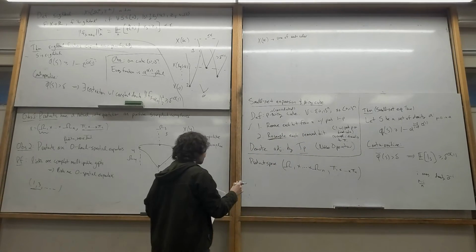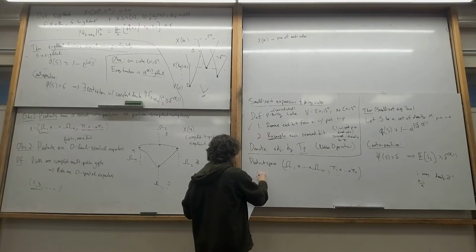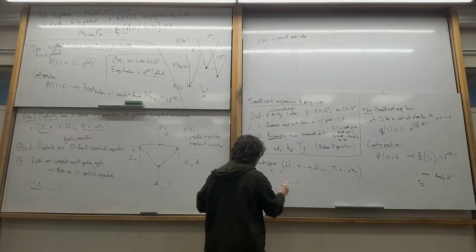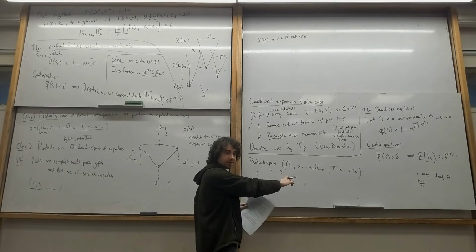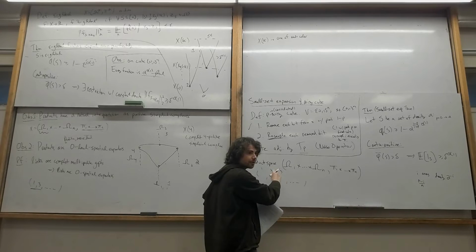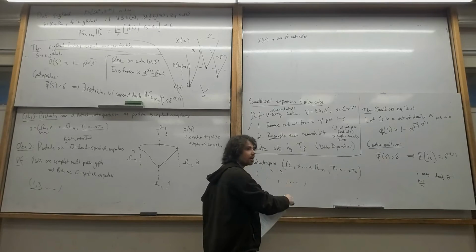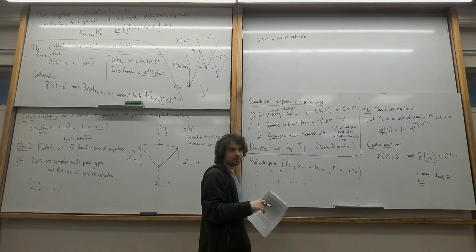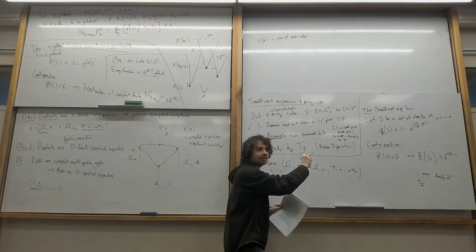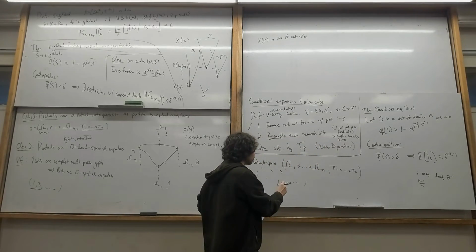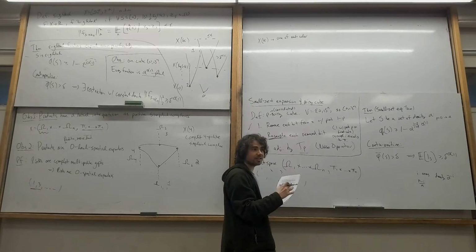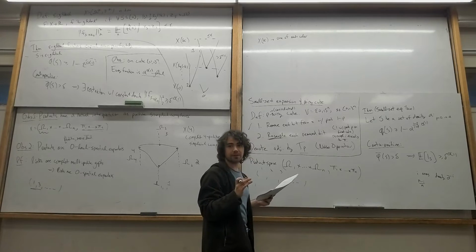So remember, in my partite complex, in my k-face, I have one value from each part. And I'm going to do the same thing where I go through each of my coordinates, I go through each of my parts, and I remove each one with probability 1 minus rho. And now instead of independently resampling the things I removed, I'm just going to look at the collection of things I removed, and I'm going to resample them all together, conditional on the rest of the values.